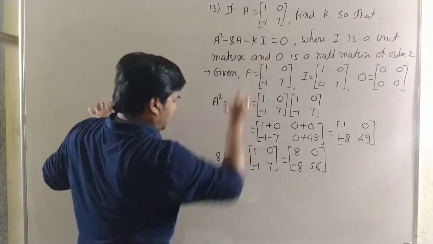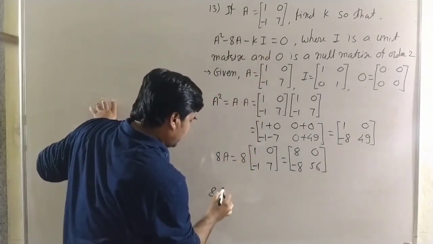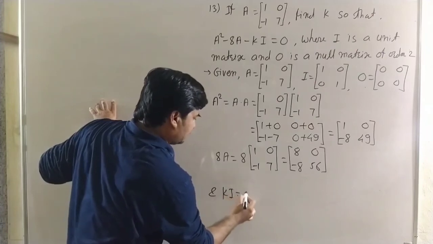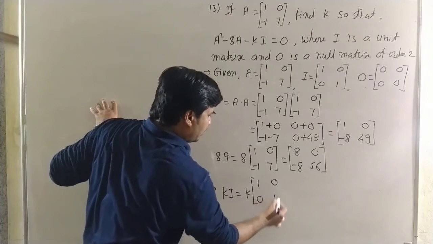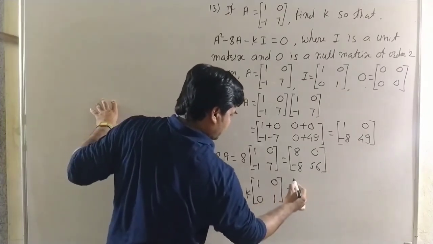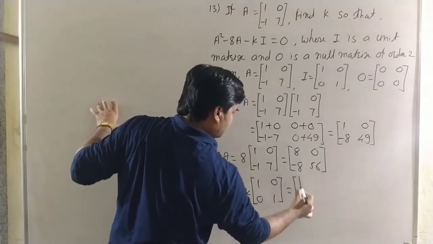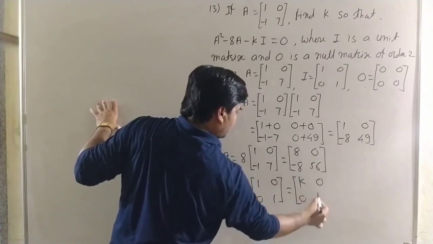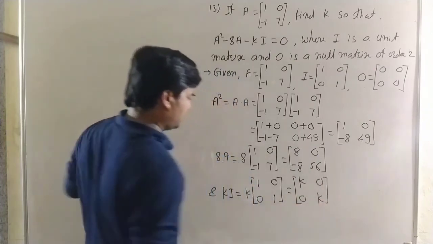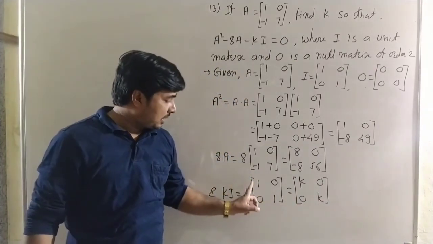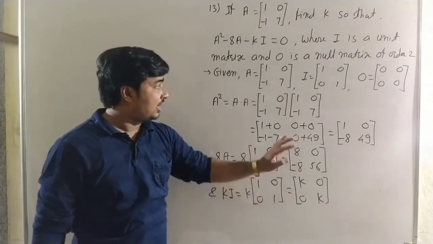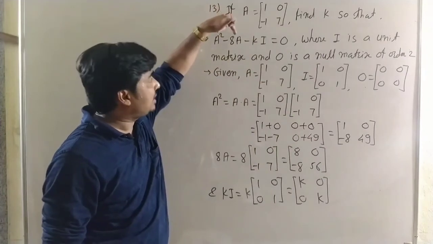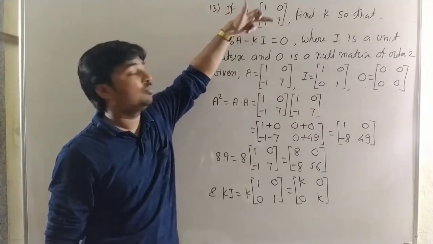Now last we find kI, that is k into [1 0; 0 1], and then it is [k 0; 0 k]. Multiply by k to all the elements in the matrix I.